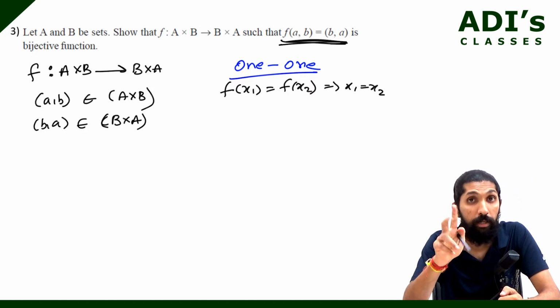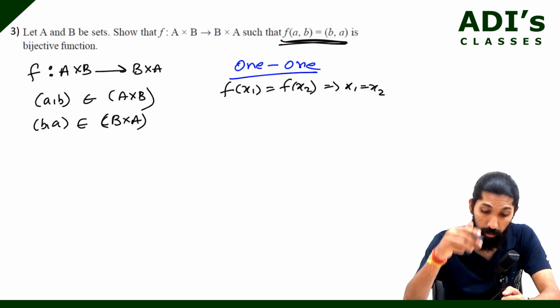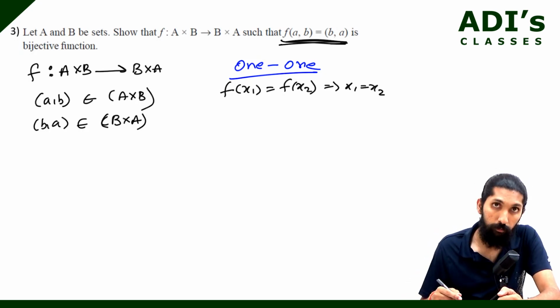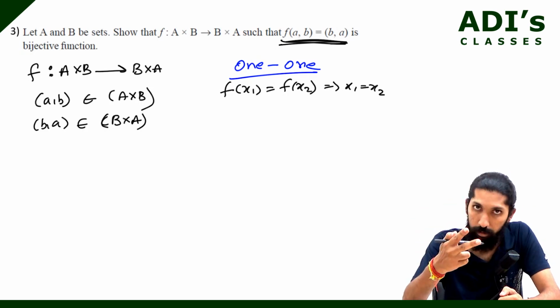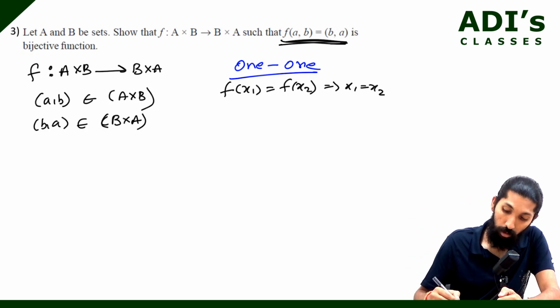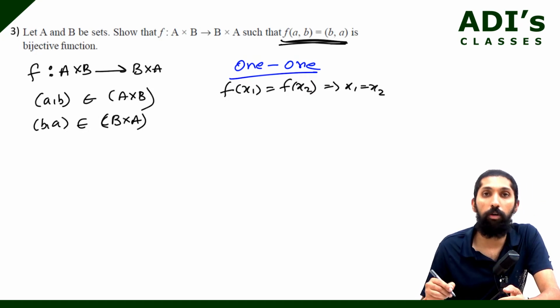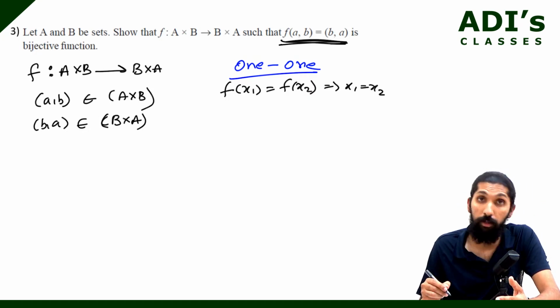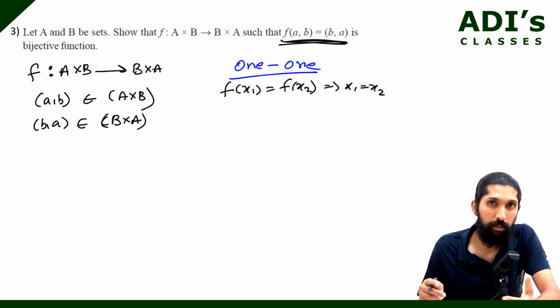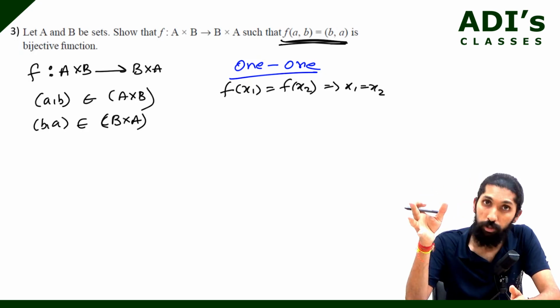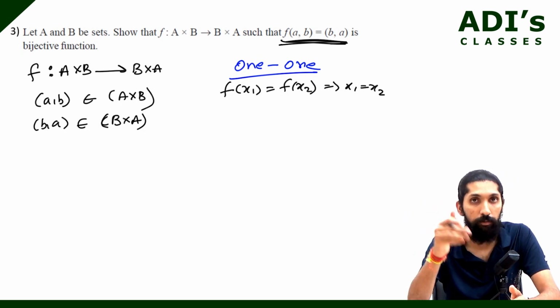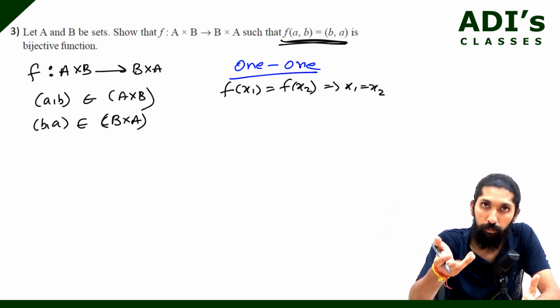I need to have two elements. So instead of f of x1, we can say f of (x1, x2), two elements. Or I can take it as f of (x1, y1), I think that will also work rather than taking (x1, x2) because that might cause some confusion. Let's call it (x1, y1) and (x2, y2). It makes more sense also.